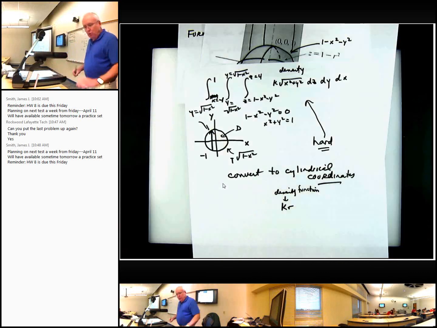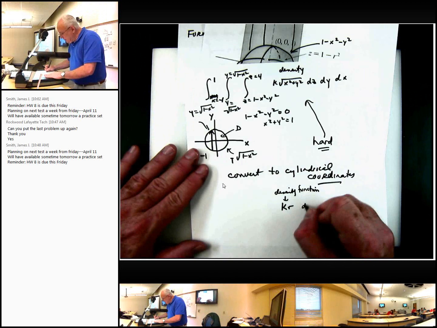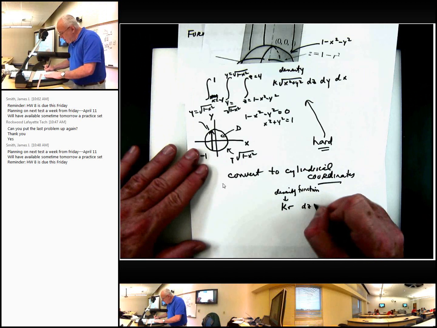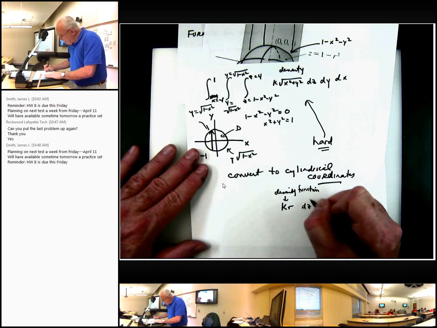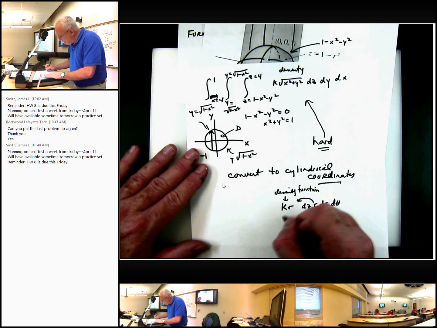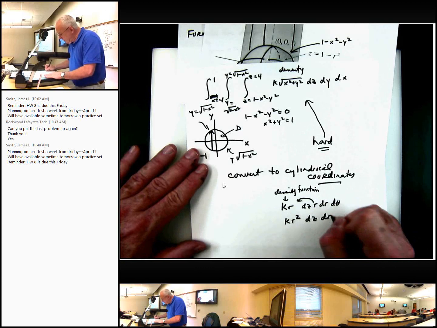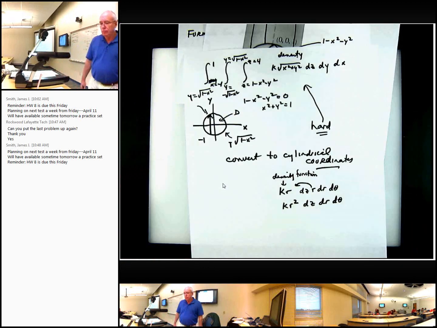And remember, we're integrating with respect to dz, r, dr, d theta. I just want to put that r right out here. And so we really have k r squared dz, dr, d theta. So don't forget that extra r.